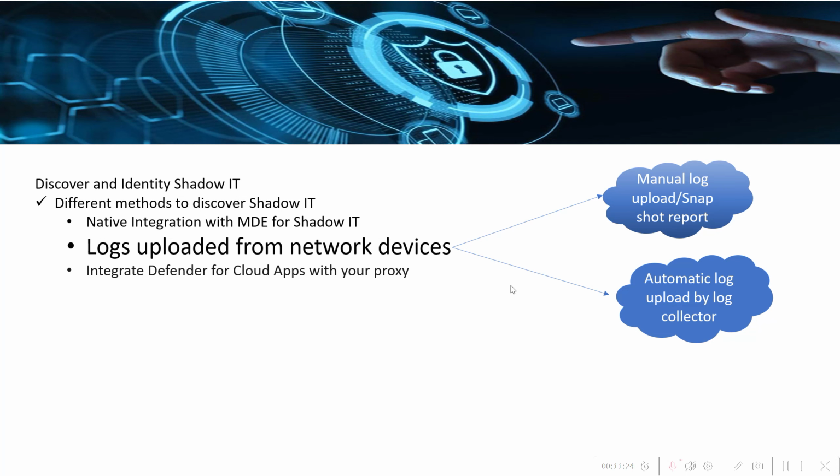Now you have an option to automate this by automatic log upload using the log collector. You can integrate the log collector directly with your firewall or your proxy so that the data flow will be done automatically to your Defender for Cloud Apps console, and the admin will get more visibility.